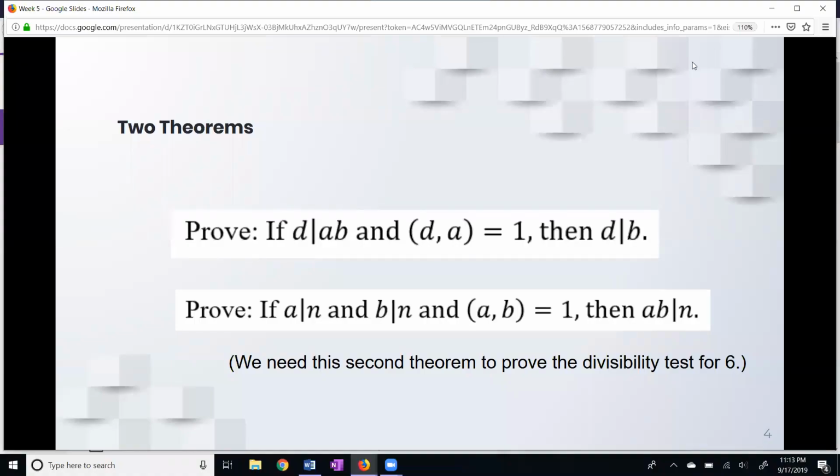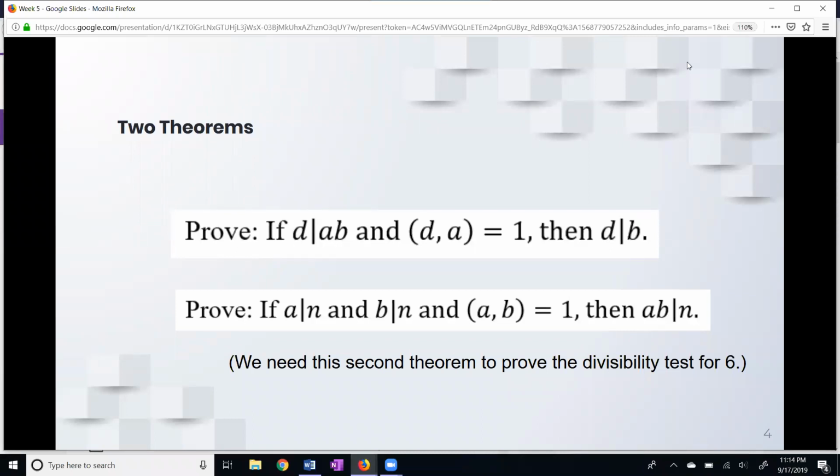Now I'd like to look at these 2 theorems. If D is a divisor of A times B, and D and A are relatively prime, meaning they have no common factors, then D has to divide B. So the idea here is that D divides a product, but D does not have anything in common with A. So D must have all its commonality with B. You're going to be proving this one on the homework.